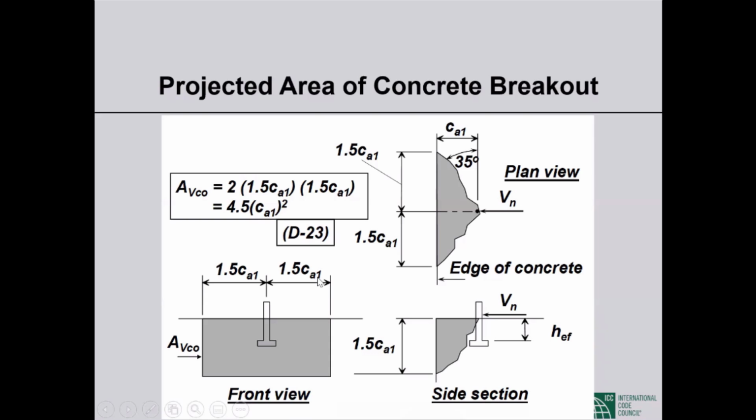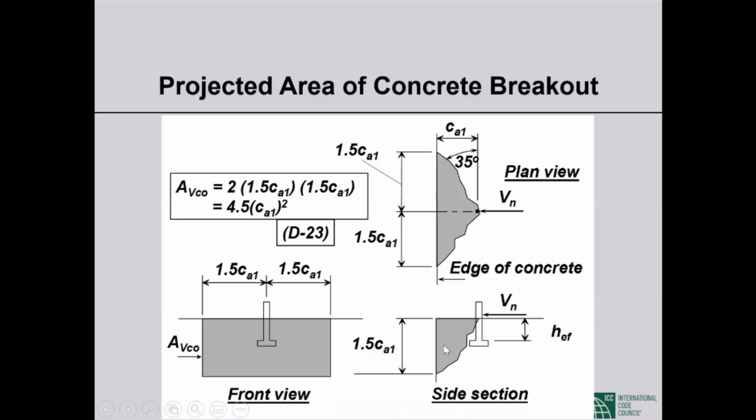This is the anchor in elevation, side elevation. Okay, this is the chunk of concrete that breaks out in shear. If the failure angle is 35 degrees, then this depth is also 1.5 times C sub A1.